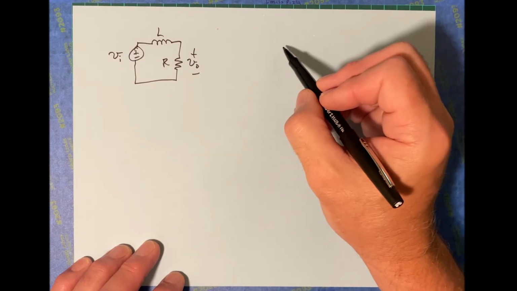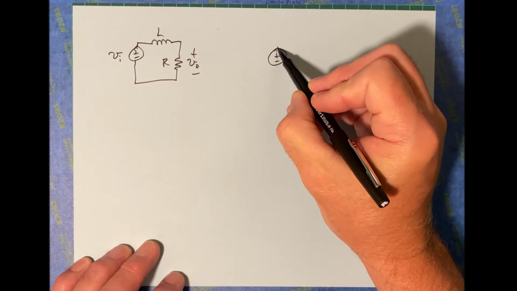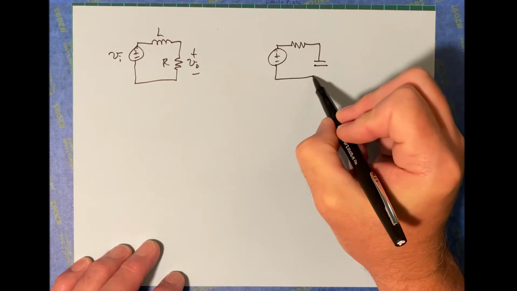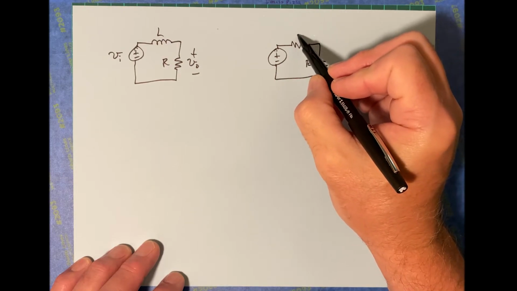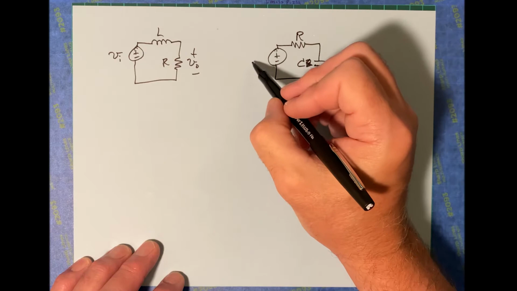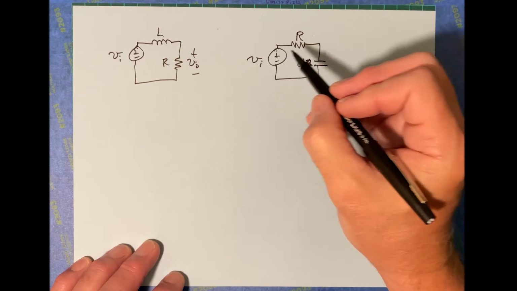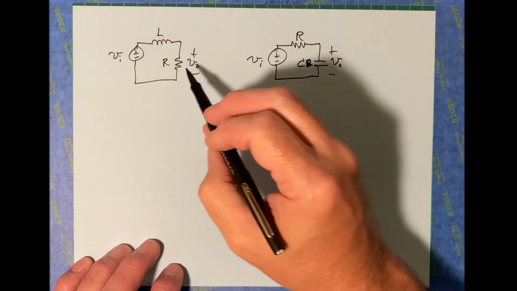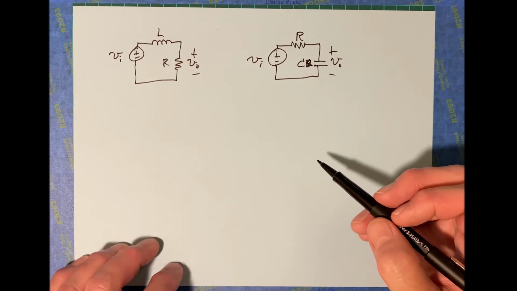And we've had the other version, which includes R and C components. So there's R, there's C, the input, the output. Okay, so we were measuring our outputs across different components in each one of these.